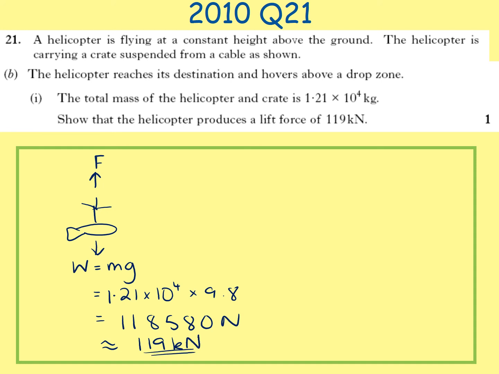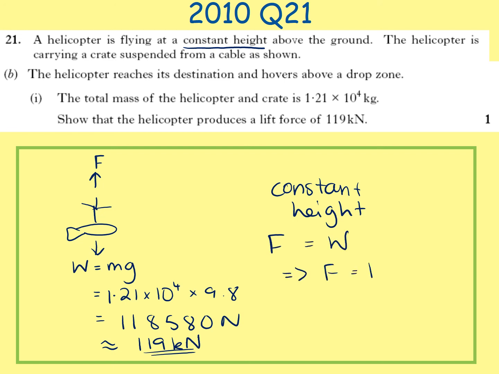Notice this is the number we're going for, and because the helicopter is flying at a constant height, it's not moving up or down, therefore W and F are actually going to be equal. So there's no vertical movement, the weight is equal to the lift, and the forces are balanced. So if we say F equals W, therefore F equals 119 kilonewtons.